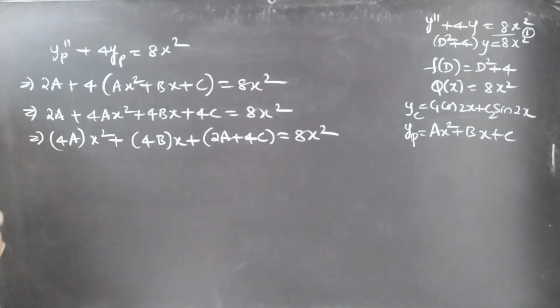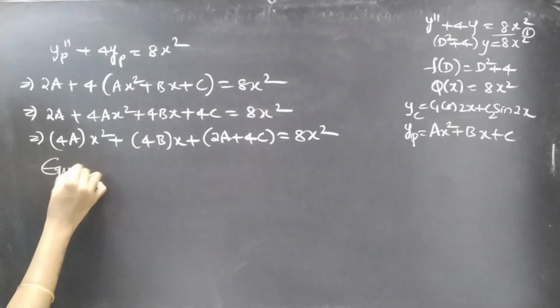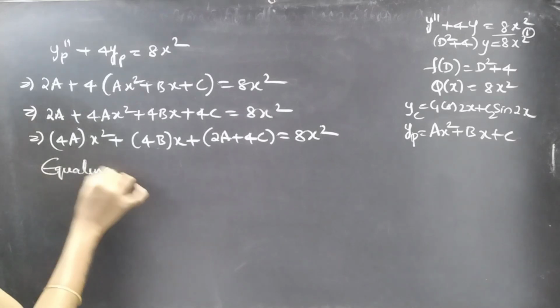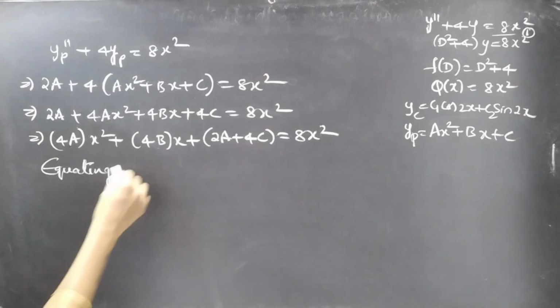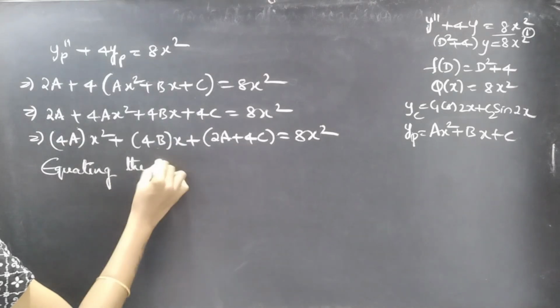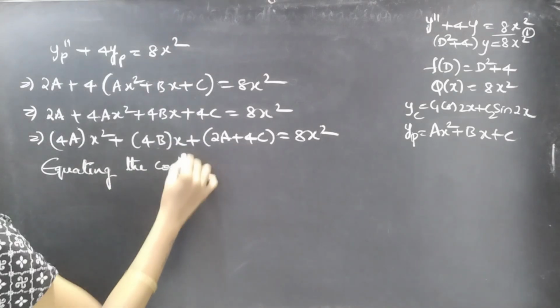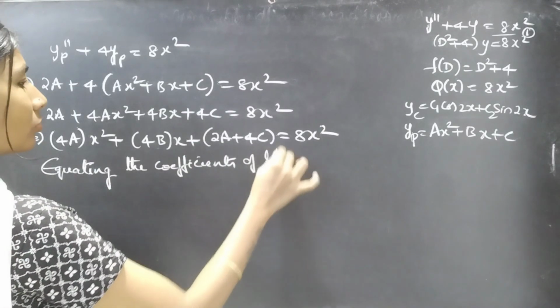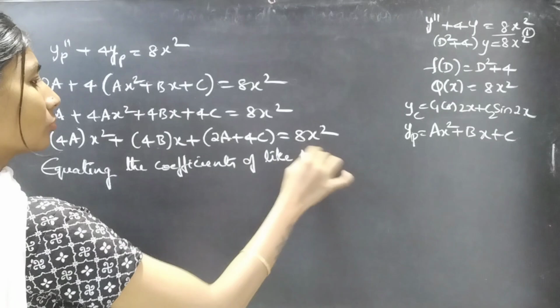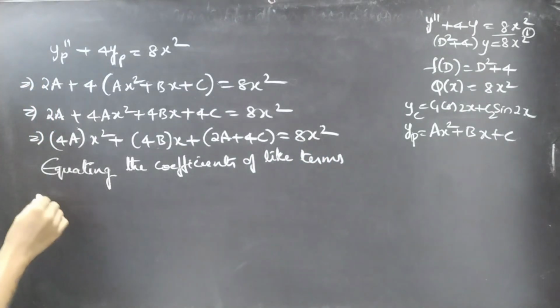Now let's equate the coefficients of like terms. In order to find the values of the unknowns, we are equating the coefficients of like terms. I'll begin with x².